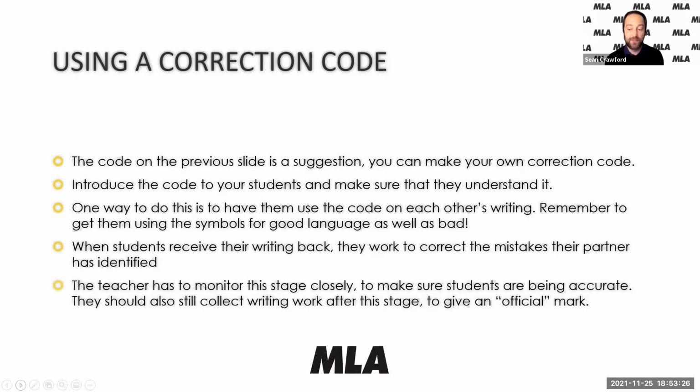And as I've said, you do have to monitor this quite closely, because sometimes students might look at something and think it's wrong, but it isn't. It's actually a wow word, for example, but they don't understand it. So I would say that you need to make sure that students are doing this in as constructive a way as possible. So I wouldn't do it the first time that you introduce the code, but once they understand what it is, then they can have a go at correcting each other.